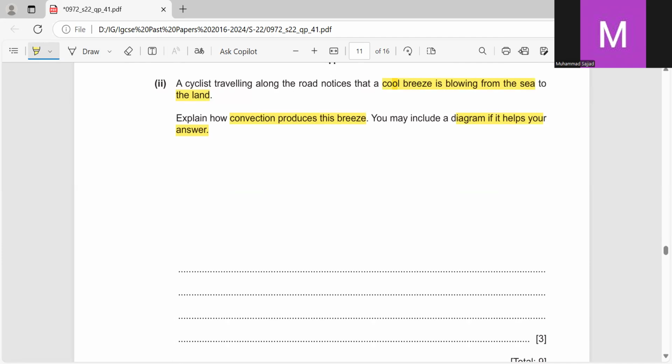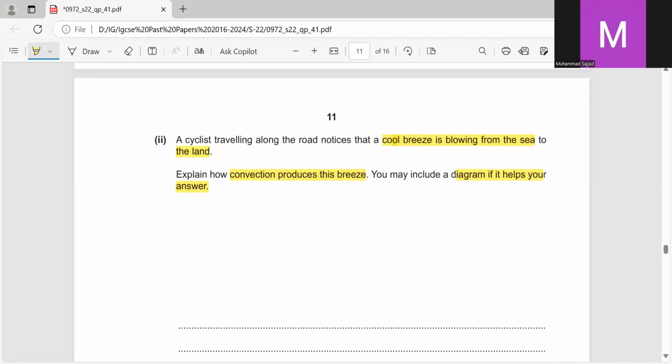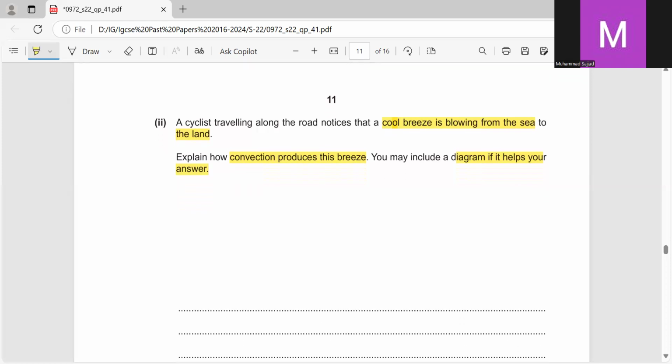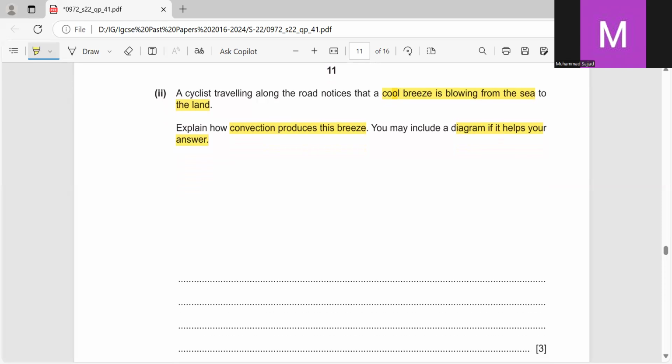Now, my dear friends, what I'm going to say, see, a cyclist along the road notices that the cool breeze is blowing from the sea to the land. Explain how convection produces this breeze. You may include a diagram if it helps your answer.